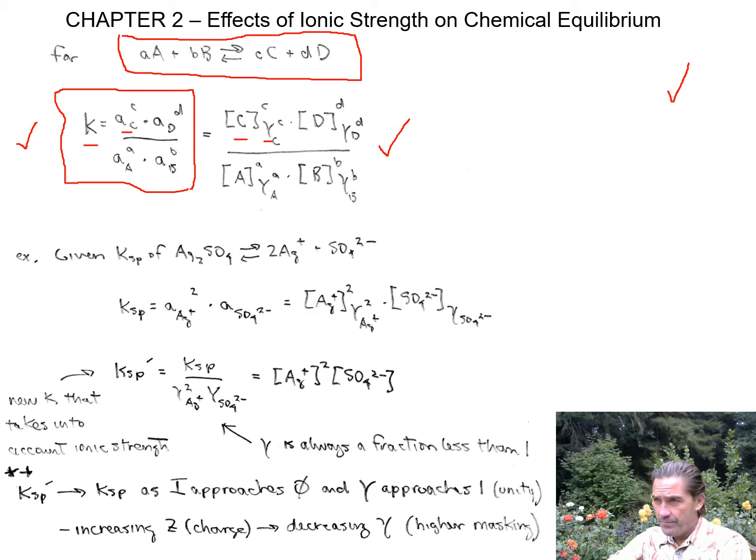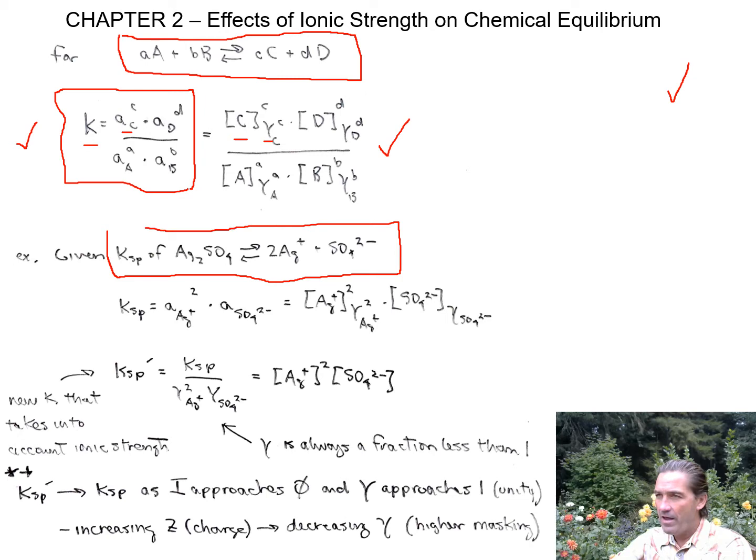So let's look at the following. Let's say we have a certain reaction. This is the solubility of silver sulfate, and it has some KSP value. So some constant that helps us determine how much of the salt actually dissolves.